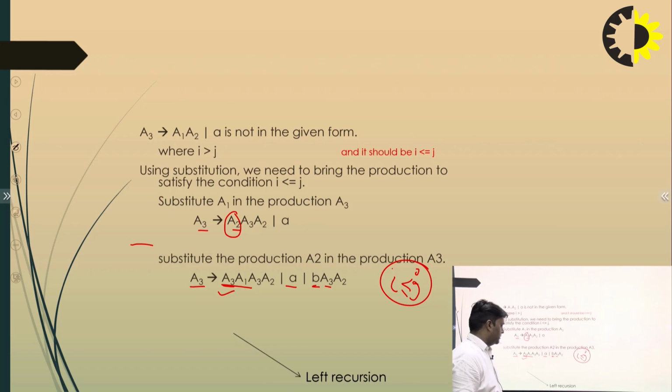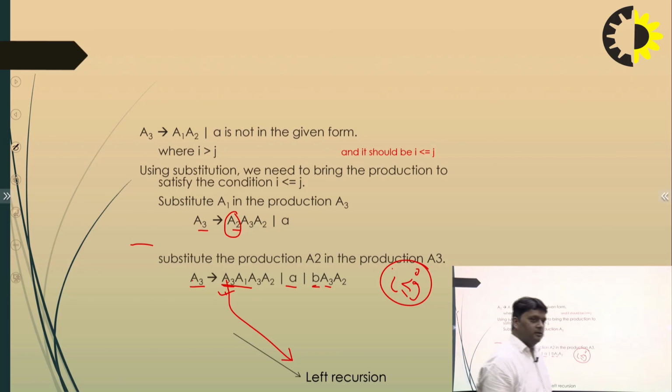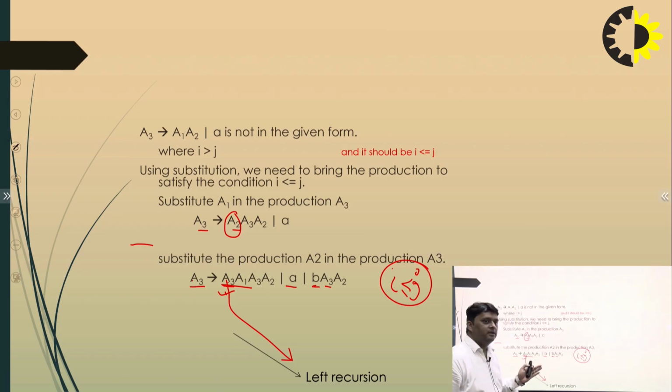But due to this A3 implies A3, left recursion occurs. We have to remove left recursion in this production, because left recursion is not acceptable in the top-down approach.